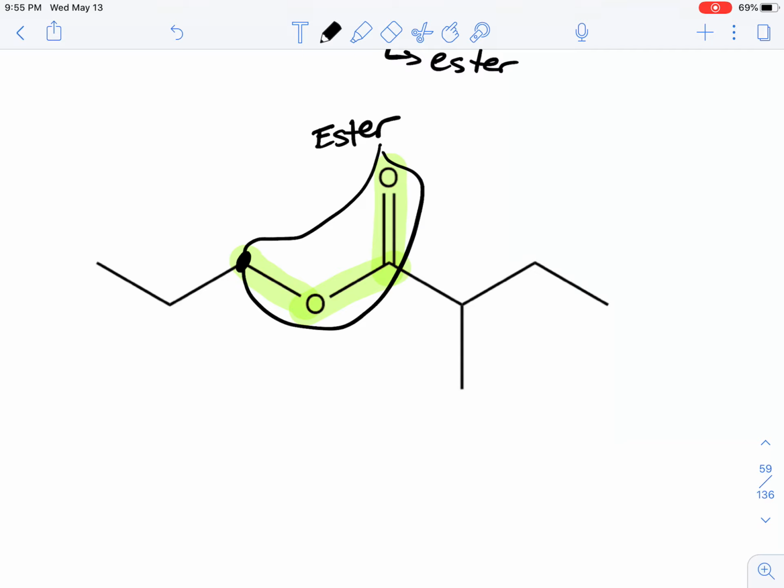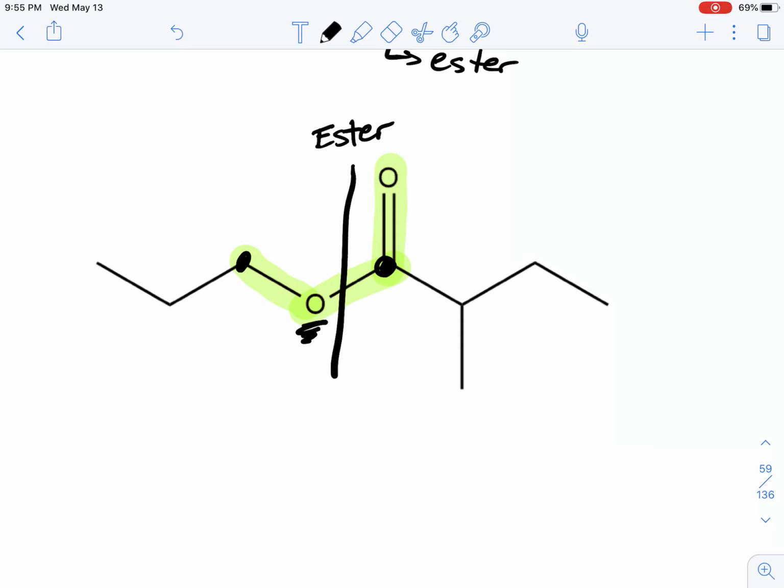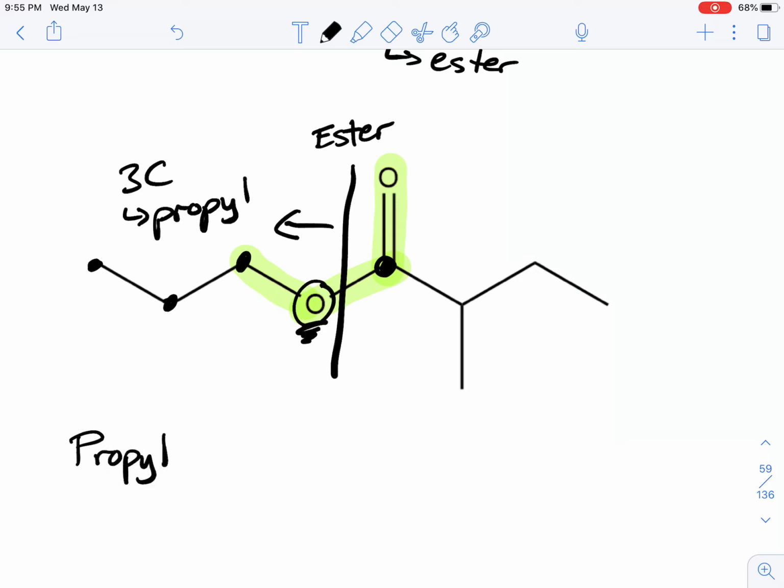Since I have an ester, I need to identify where my carbonyl carbon is and my ester oxygen. And that's where my invisible line is going to be. Since my ester oxygen is to the left of that black line, anything to the left would be my substituent. So I have 1, 2, 3. And so I have a 3 carbon compound, so this is going to be propyl. So that's going to be the first word that I write down in my final answer.